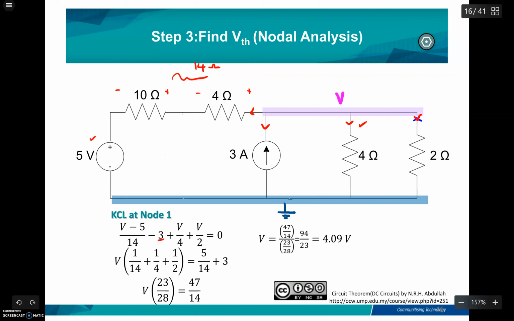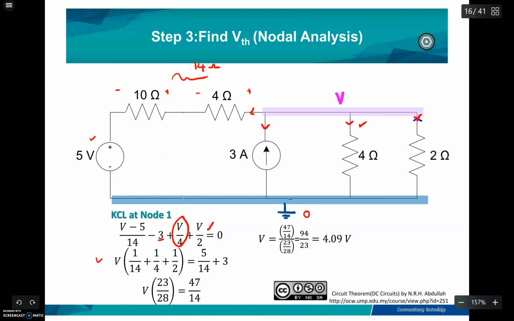For the next branch, 4 minus 0 over 4, and for the last branch, which is 2 ohm, V minus 0 over 2 ohm.